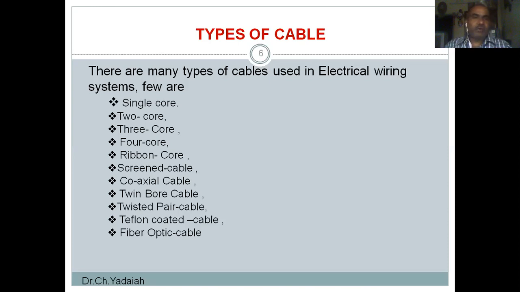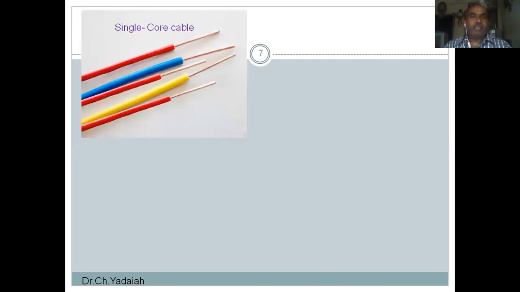How is the single core cable constructed, and how can it be utilized in our electrical systems? Let us see. Here is a single core cable. There is one copper conductor, which is the core material, over which there is PVC insulation, polyvinyl chloride, or another type of insulation generally used.